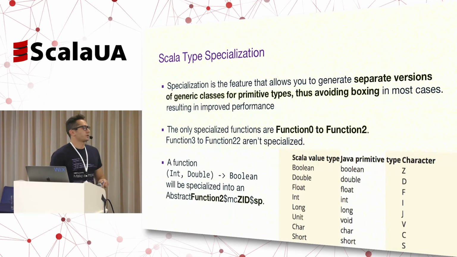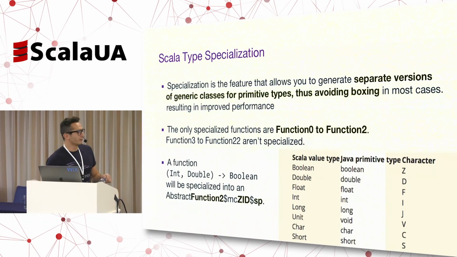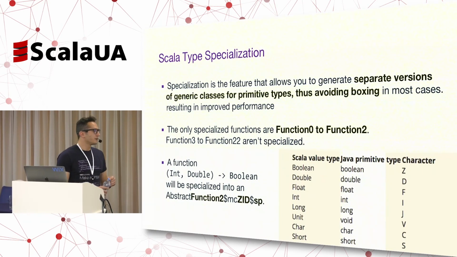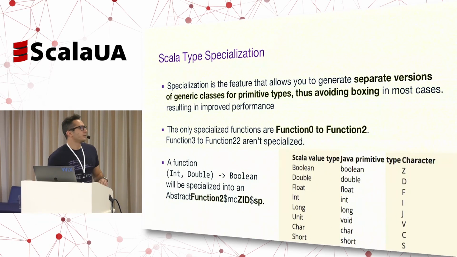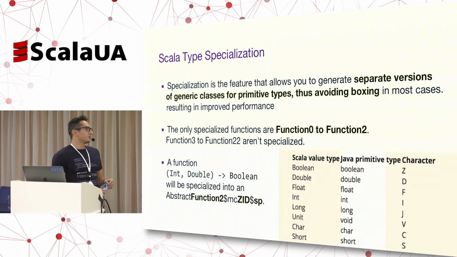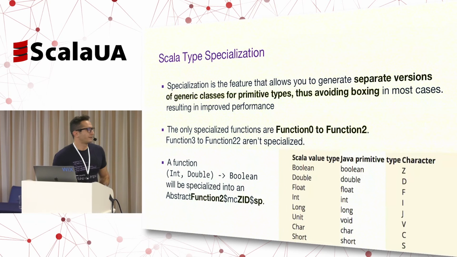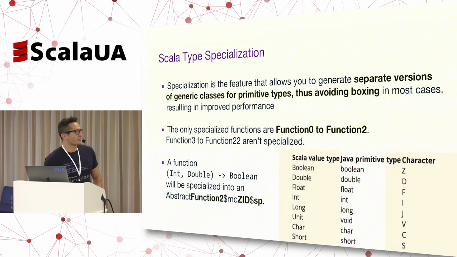So if we have a function from an int and a double, like a tuple of int, double, to a boolean, its signature will specialize into an abstract function mcZID sp. So why ZID? On the right, you can actually see a table with the Scala values, the Java primitives, and the type characters.